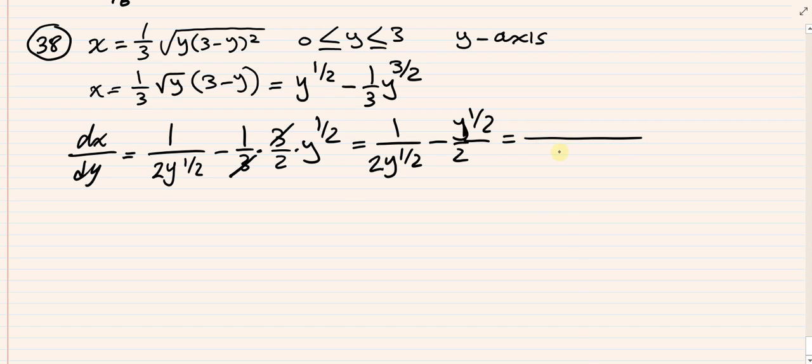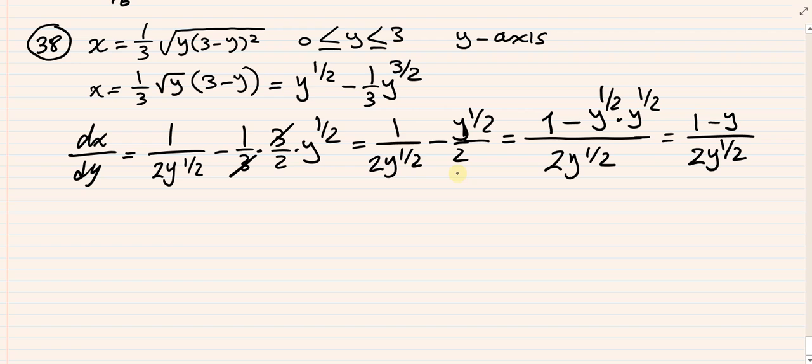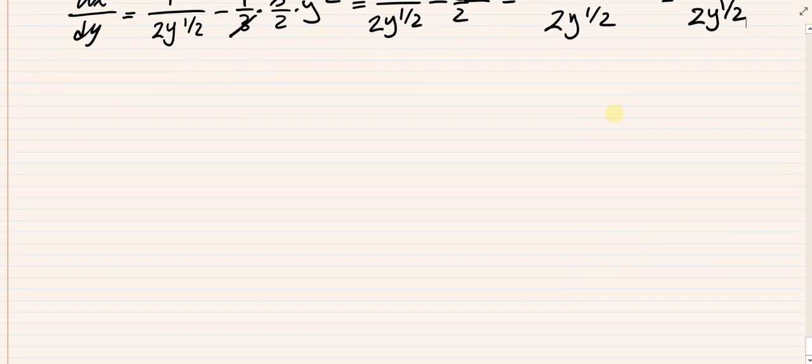The LCD is 2y to 1/2. That's going to be 1 minus, multiplying the second fraction top and bottom by y to 1/2, 1 minus y over 2y to 1/2. Okay, now I need to do, remember, the expression under the radical sign.